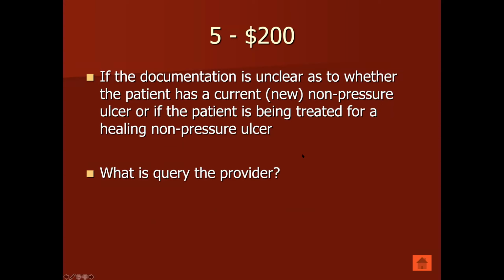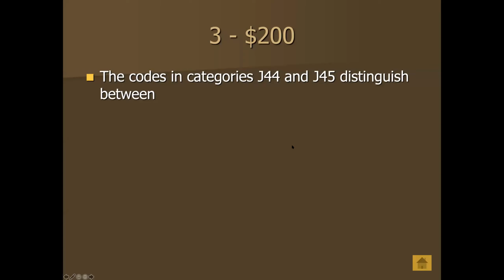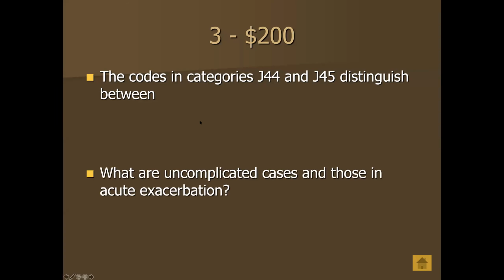That is correct. That's 200 points for Markeisha. All right, and here's the next category. The codes and categories J44 and J45 distinguish between... What is uncomplicated cases and those in acute exacerbation? That is correct for Tina.